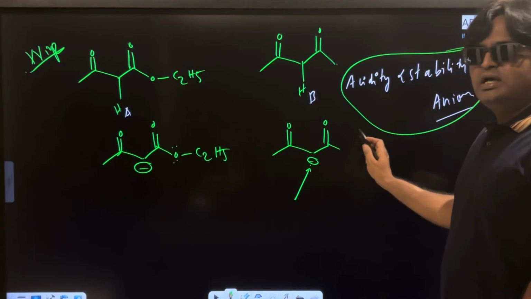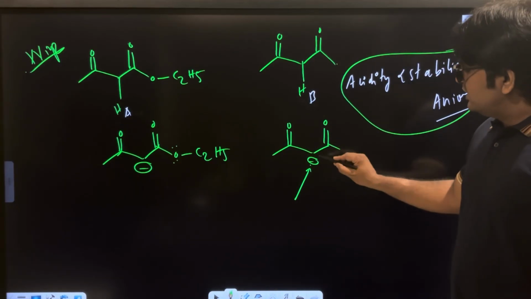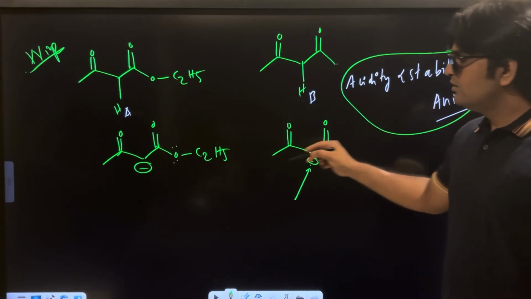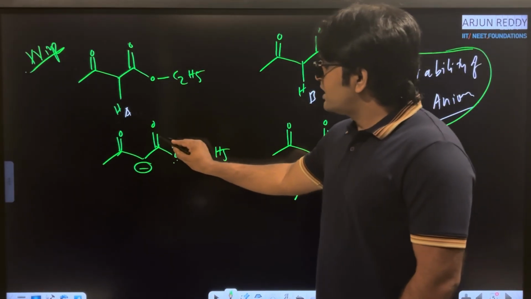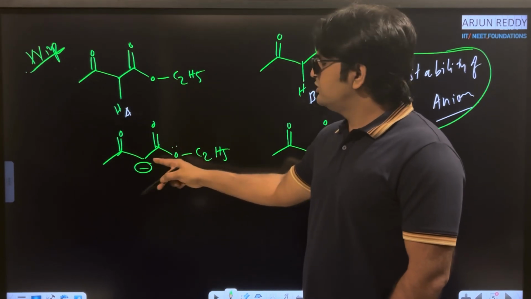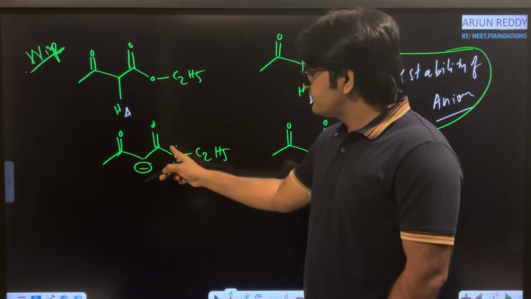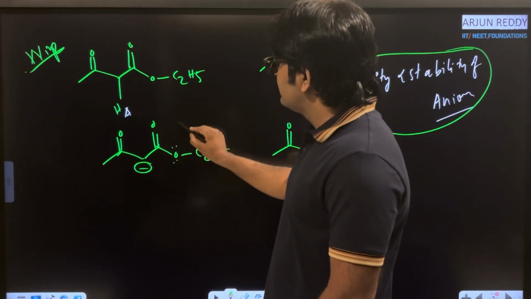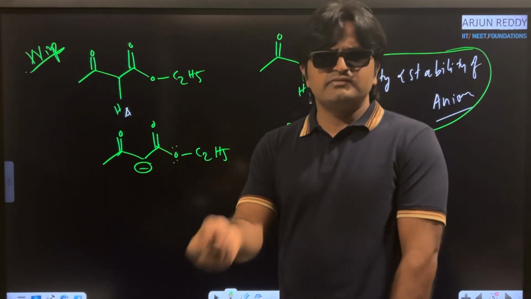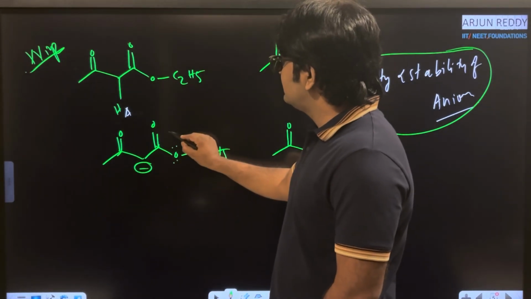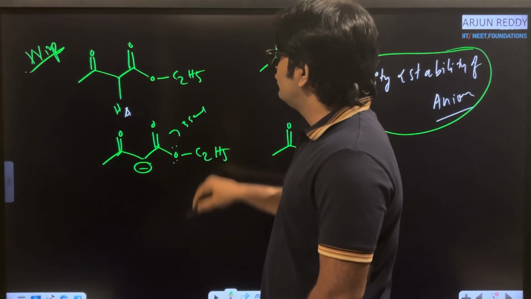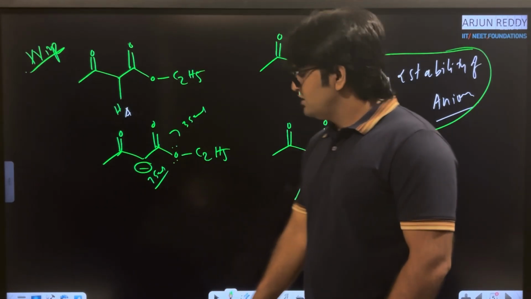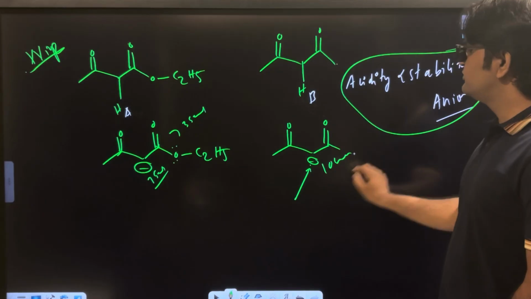There is no other conjugated group. There is a direct conjugation between negative sigma pi. But here what is the problem? This carbonyl is in conjugation with the negative charge as well as the lone pair of electrons. For example, out of 10 seconds, let 3 seconds be with the lone pair of electrons and the remaining with the negative charge. But here, the complete 10 seconds with the negative charge.